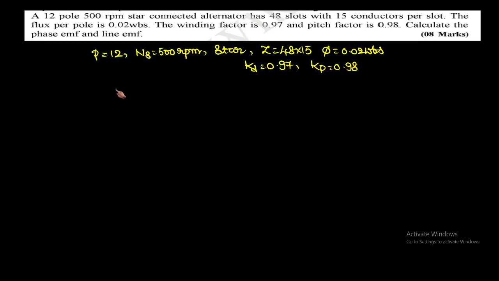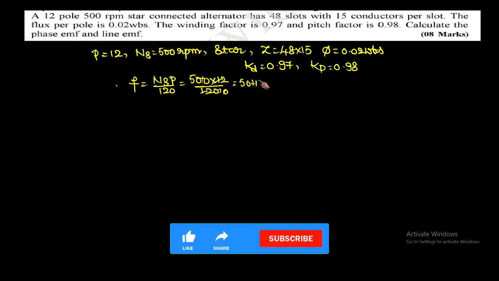Calculate the phase EMF. Everything is given, speed is given. First we have to calculate the frequency, Ns into P divided by 120. So Ns is 500, the number of poles is 12, and divided by 120. So you are going to get 50 hertz as the frequency of the alternator.